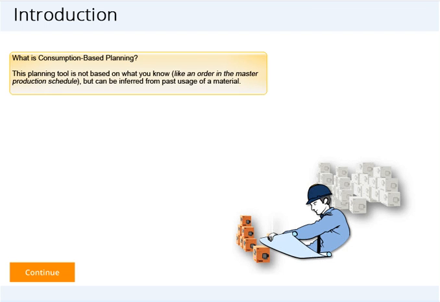What is consumption-based planning? This planning tool is not based on what you know, like an order in the master production schedule, but can be inferred from past usage of a material.